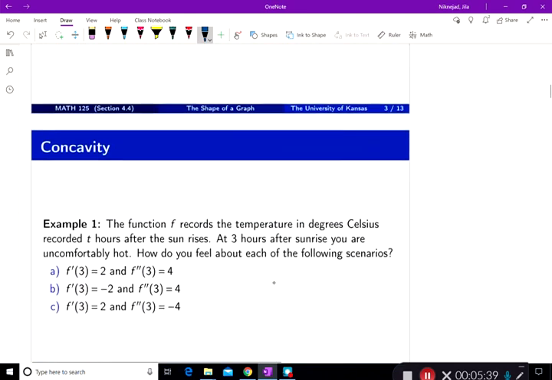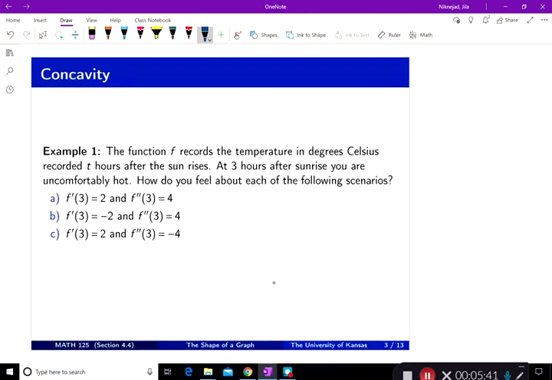Then I have the option that f prime of 3 is 2, and then f double prime of 3 is negative 2. So it's right here. This is a better option than A, worse option than B, because it's still increasing, but it's not increasing as sharply as A did.